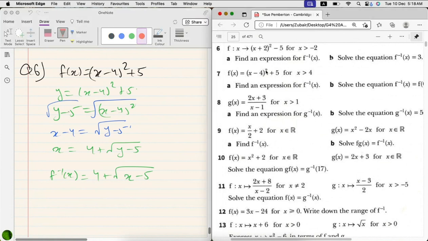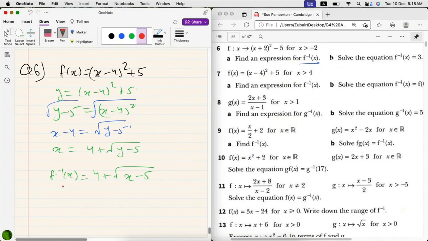So the expression for f inverse x is done.